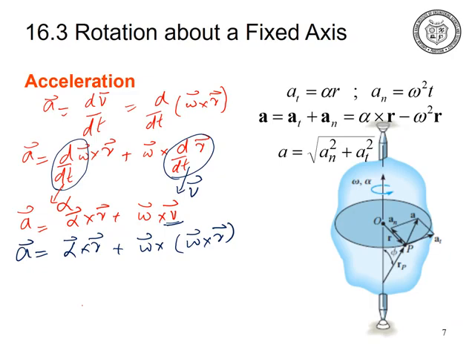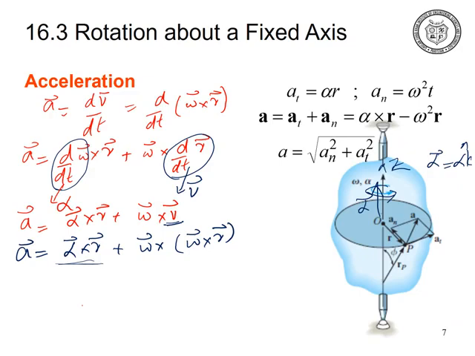So what is this alpha cross r? Using the right hand rule, point your hand in the direction of the vector alpha. This is the vector alpha, and alpha equals alpha times k vector if we take this axis as the z axis.